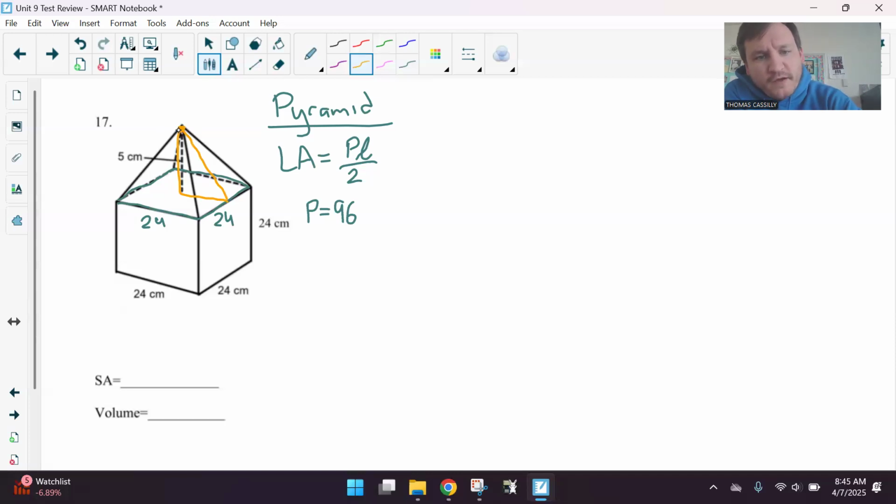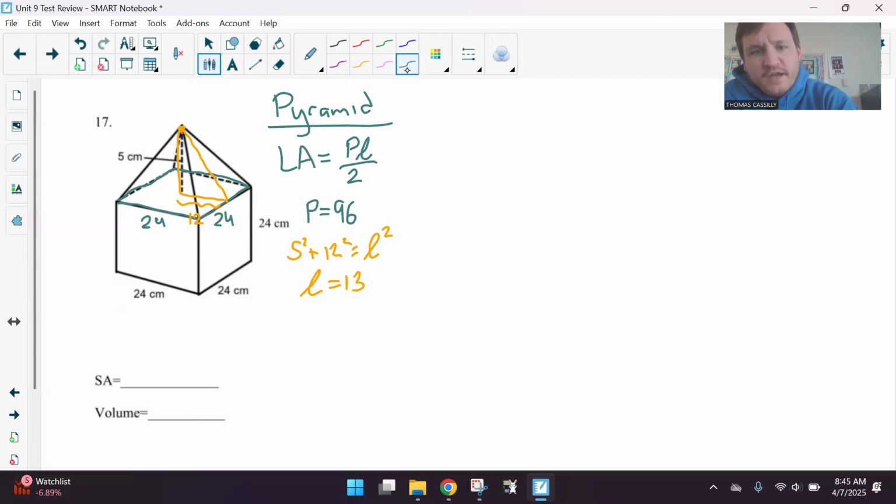So 5 squared plus this piece right here. I'm going to chop 24 in half, which gives 12. So 5 squared plus 12 squared equals the slant height squared. This is a Pythagorean triple, so L equals 13. And that's all there is to that one.